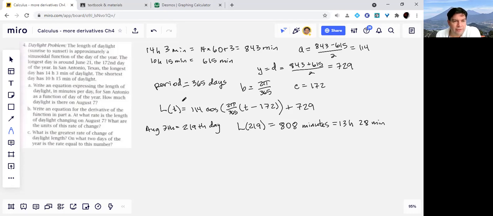Write an equation for the derivative of the function in part A. Okay, let me change colors.